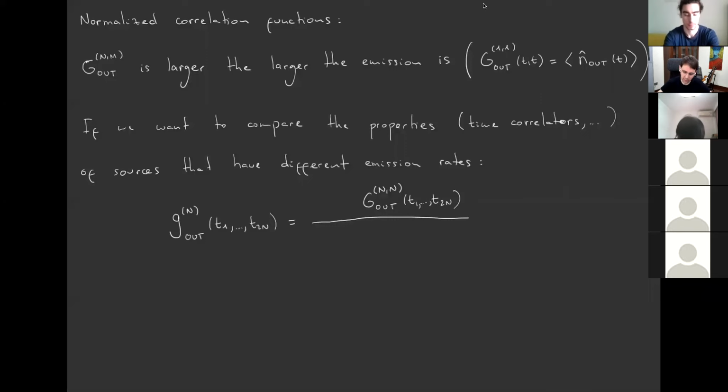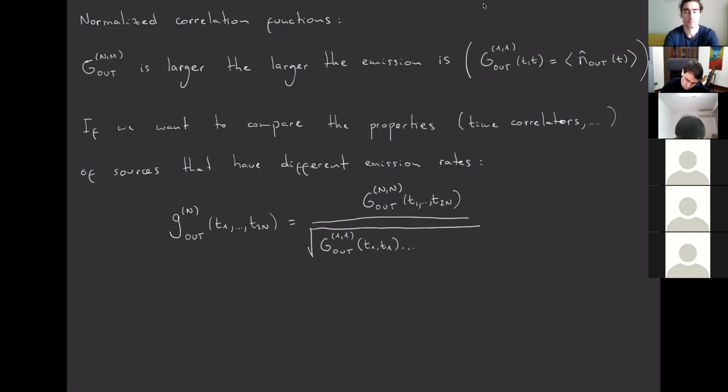So essentially we have the corresponding correlation function of order n,n at 2n times. And the only thing that we have to do is normalize it to the total rate of emission that we have seen, that is the G11. So the rate of emission of photons at each particular time.